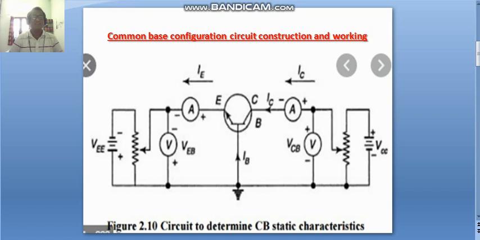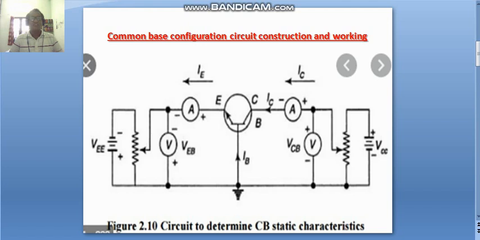We are connecting any one terminal as common in the input circuit as well as in the output circuit, whatever may be the type of transistor. So if the base terminal is common to the input circuit as well as the output circuit, then that configuration is known as common base configuration.